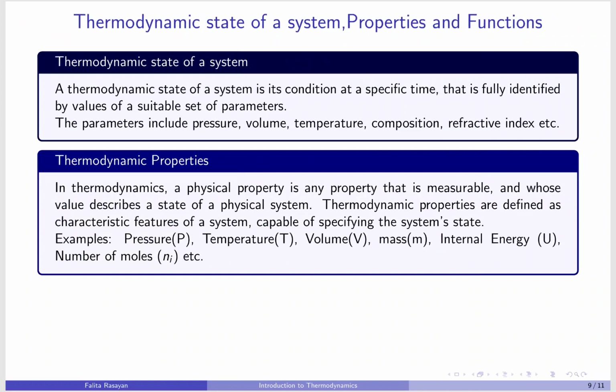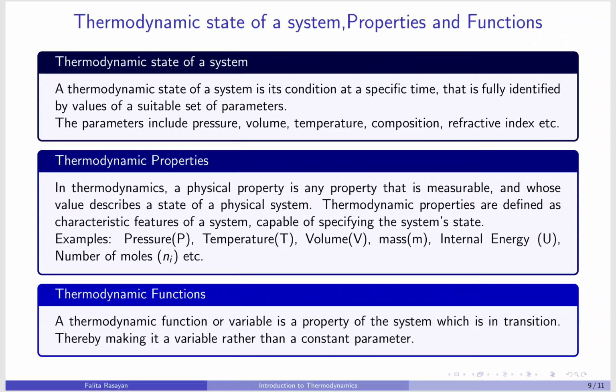The thermodynamic properties are defined as characteristic features of a system capable of specifying the system state. So when you say the state of a system, what defines the state of a system? It is the properties of the system. The properties can be pressure, temperature, volume, mass, internal energy, number of moles, etc.